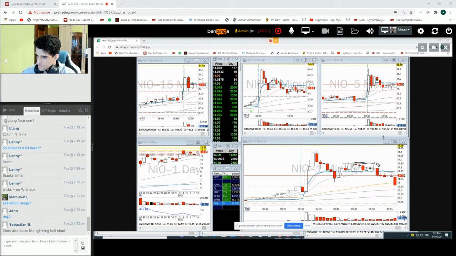Basically, I would have liked it to the long side once it's breaking this level right here, 14.25, just to make sure that this indecision candle and this push back down is getting back in control by the bulls right here, right?